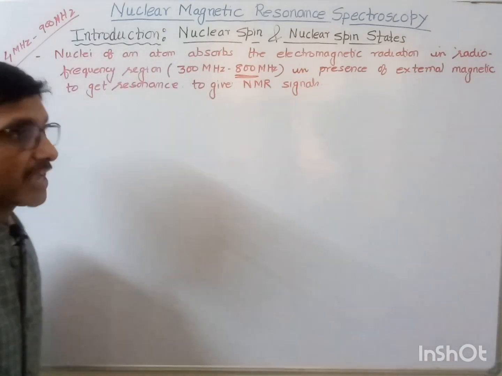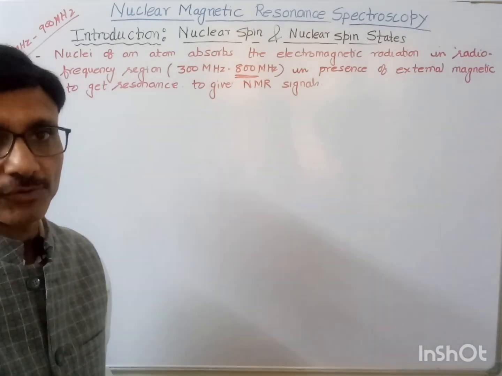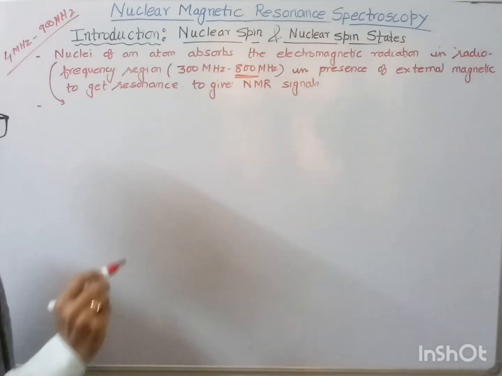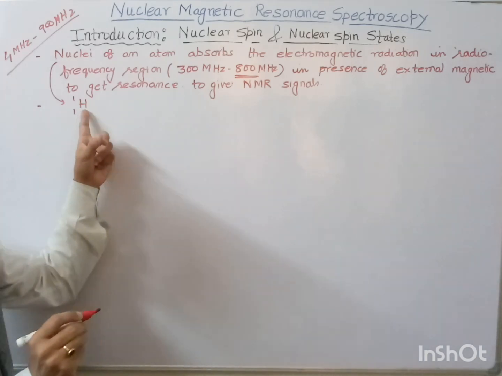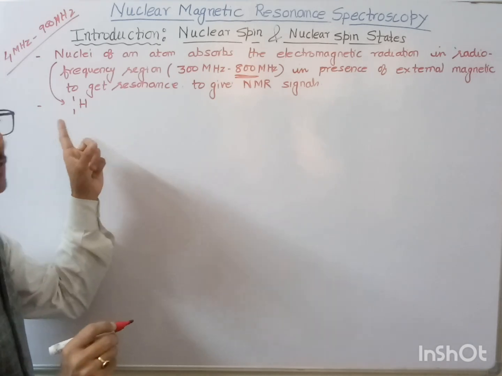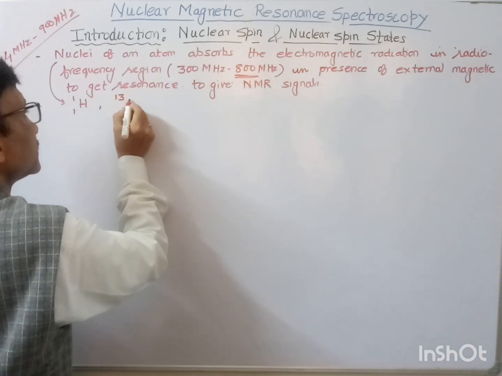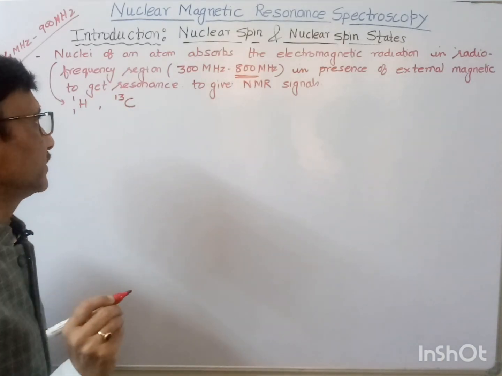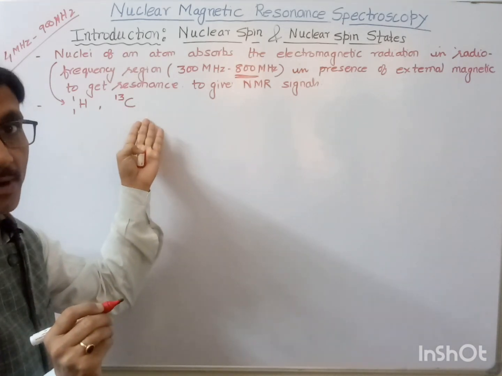So what types of nuclei can be studied in NMR spectroscopy? Usually the different nuclei which can be studied include the proton. When the nucleus is a proton, it is called proton NMR spectroscopy. When the nucleus is the isotope of carbon, carbon-13, it is called carbon-13 NMR spectroscopy.